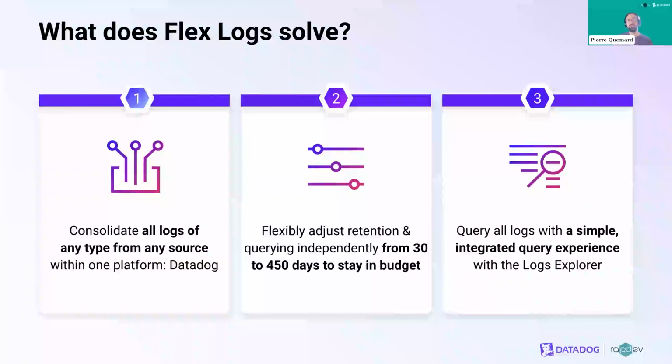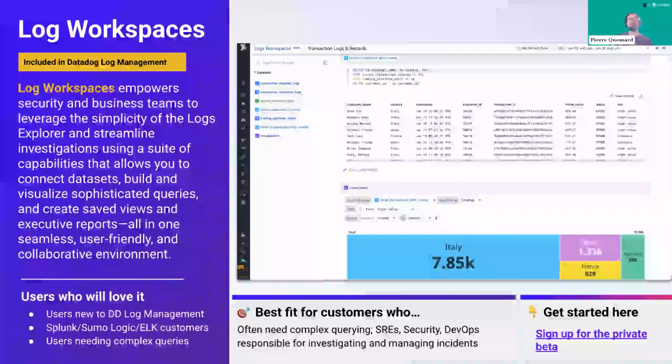So the next tool I wanted to talk about was Logs Workspace. As I said, we can give you more detail on this later, or you can just look in our documentation for it. But you can add extra data sets coming from outside of Datadog or inside Datadog, even like a CSV file or whatever you want to use. And then you can correlate all this data using all the visualization tools that are out of the box with Datadog. If you're a Splunk user, you might be more used to doing it inside Splunk.